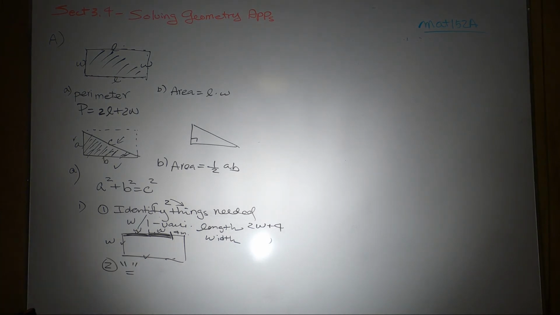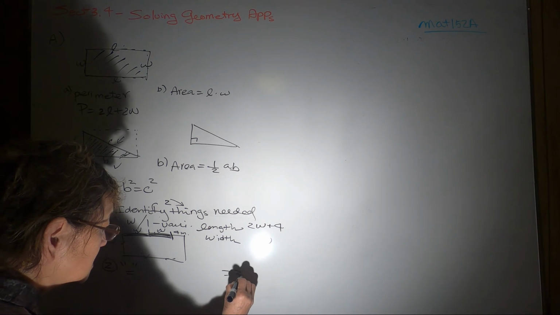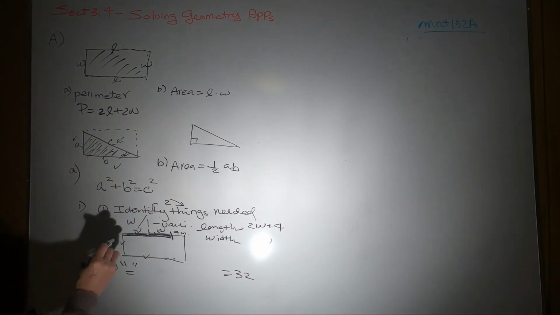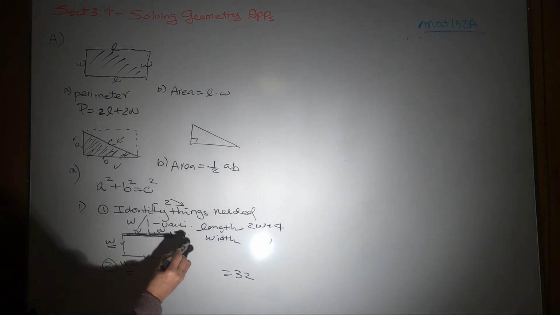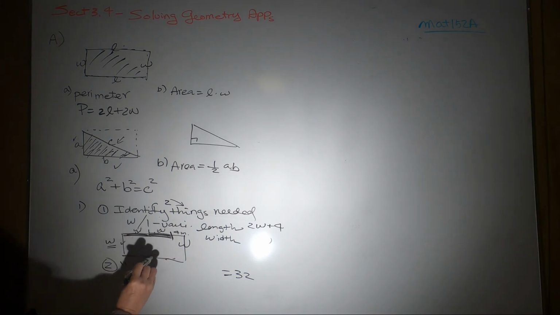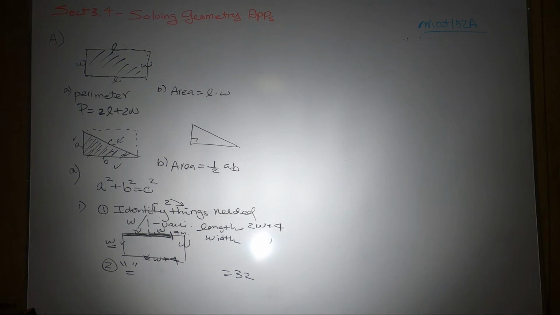The next step is to write your equation. The equation says the perimeter is 32 meters, so the total is 32. Perimeter is all around. If this side is W, this side would be W, and this side would be 2W plus 4, and this side would be 2W plus 4, right?